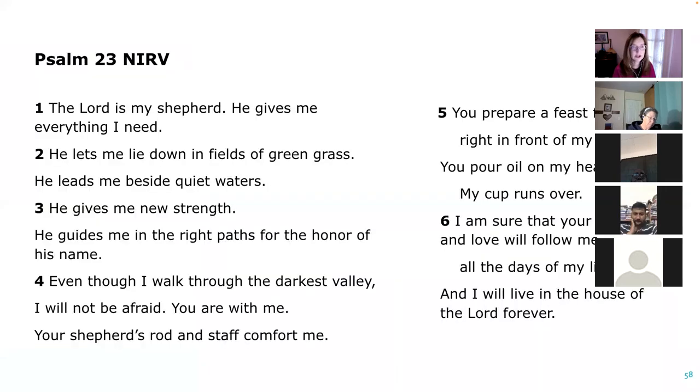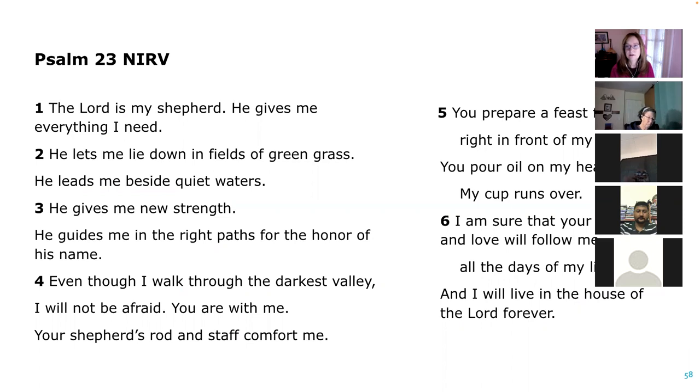So I'm going to share with you, this is Psalm 23 in the NIRV, which is the version of the Bible for international readers.